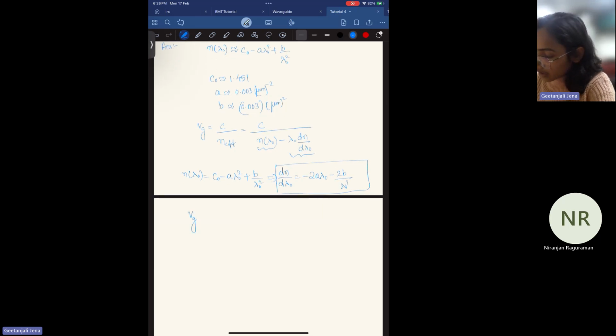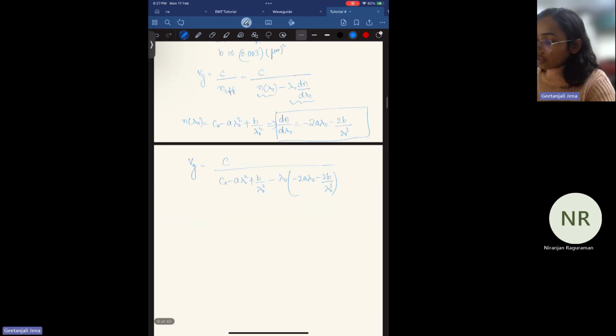So let us see what the Vg expression is now. It is C by n of lambda 0, that means C0 minus A lambda 0 square plus B by lambda 0 square, minus lambda 0 times minus 2A lambda 0 minus 2B over lambda 0 cube.